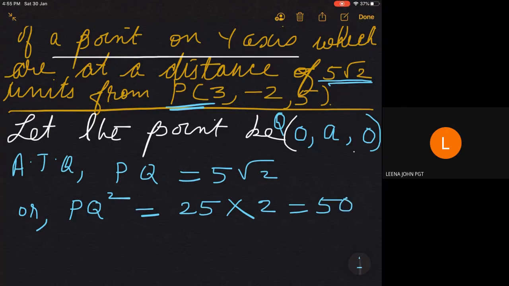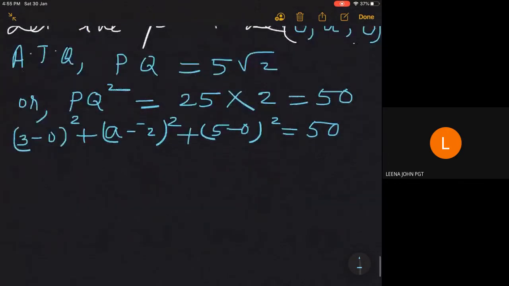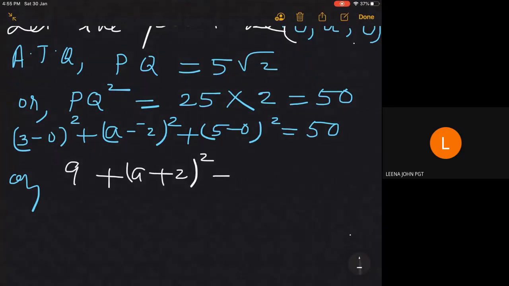Now apply the distance formula. What you get is (3 minus 0) squared plus (a minus (minus 2)) squared plus (5 minus 0) squared equals 50. That means 9 plus (a plus 2) squared plus 25 equals 50.